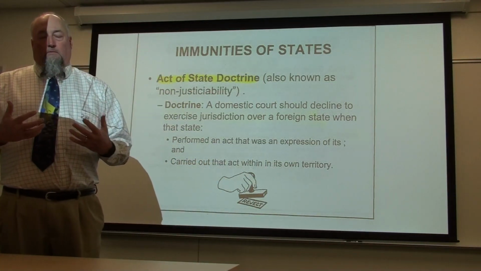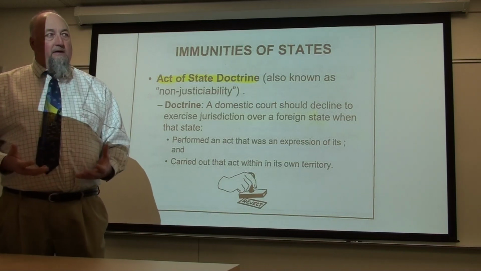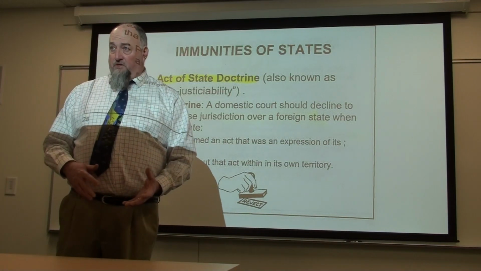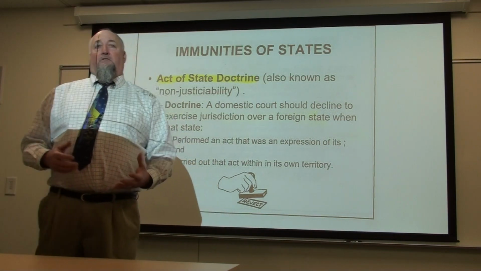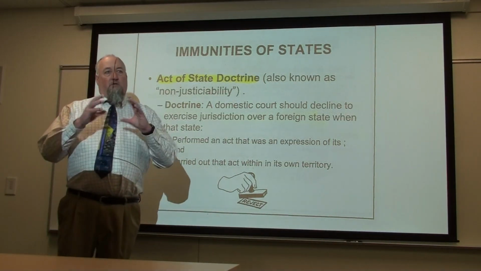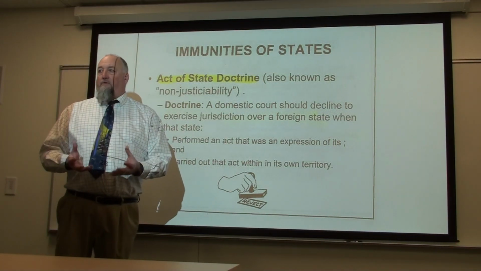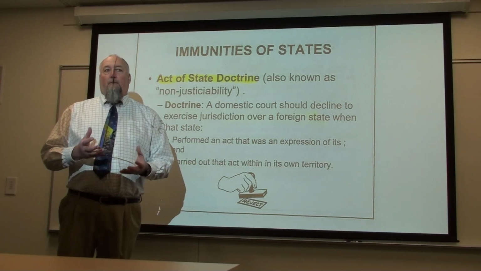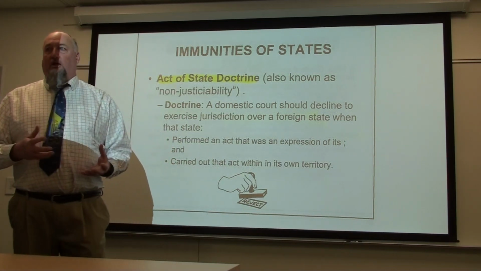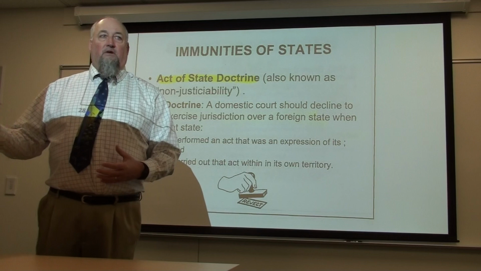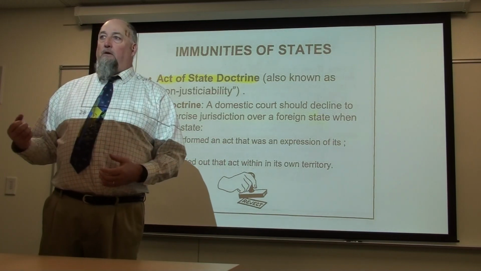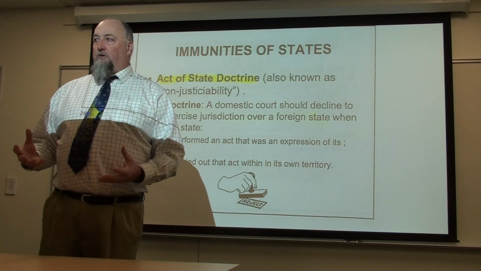One of the questions the judge has to look at in whether or not to handle the case or dismiss it is to determine, is the subject matter of the lawsuit the type that you're essentially asking a judge to declare whether a sovereign government is doing something that is purely a governmental function.